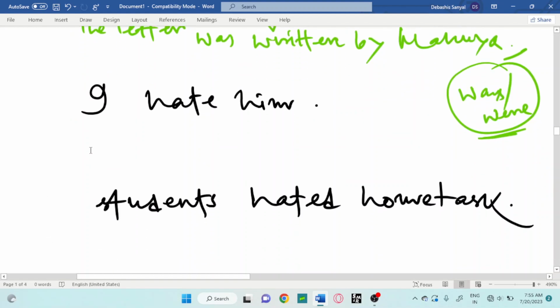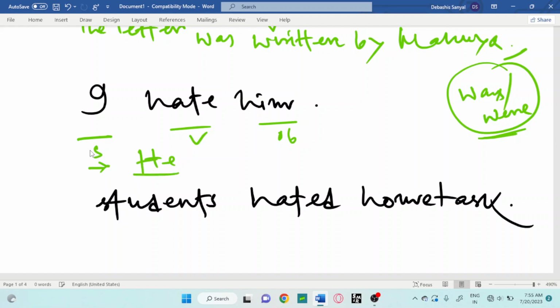Next, I hate him. See this. I is the subject, hate is the verb, him is the object. Then him becomes he in the passive as the subject here. See the tense, I hate him. It's present indefinite. In case of present indefinite, we have to use am, is, are, based on number and person also.